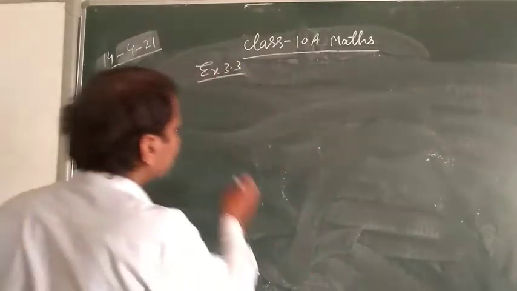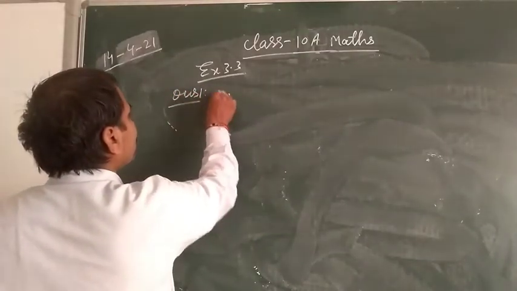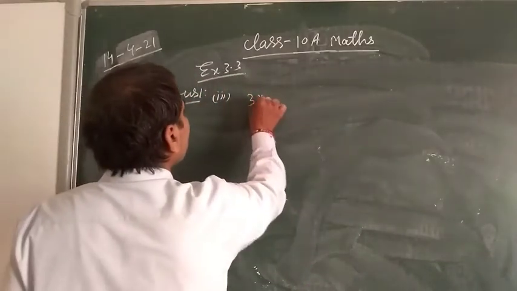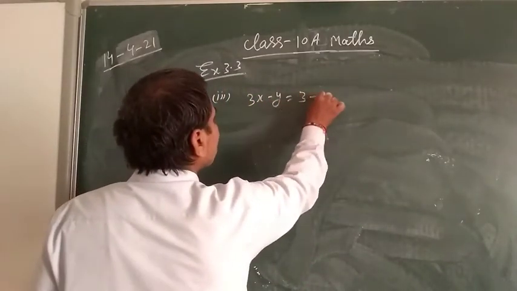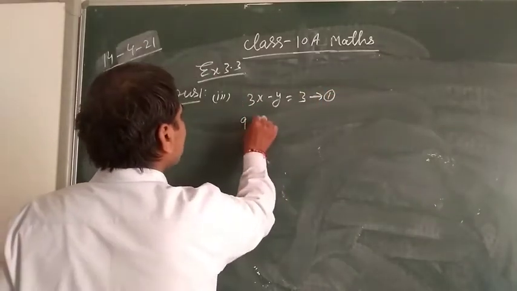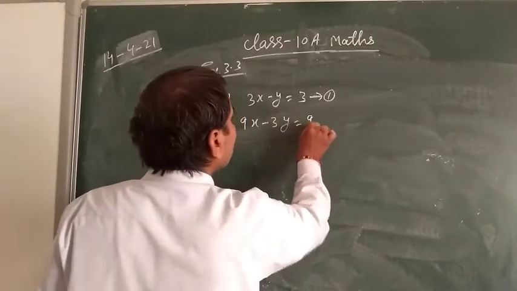Part third, please. This equation, and second, 9x minus 3y is equal to 9.